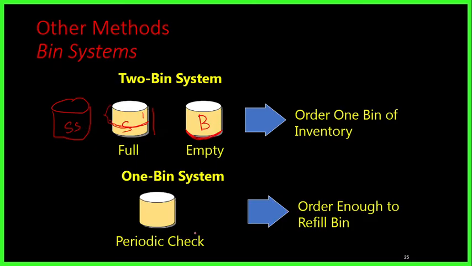Now, if you have your 1 bin system, you regularly check this, and then, may safety stock ka dyan normally. So, you will just order enough to refill the bin. Okay, sir, what about the reorder point? Sometimes you can have 1 line, kunyari.